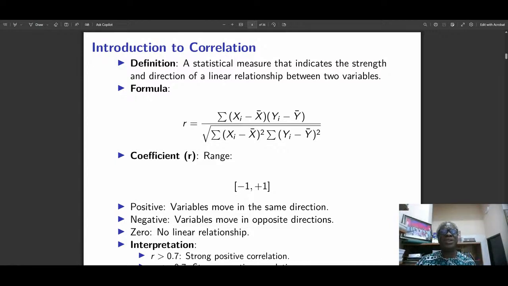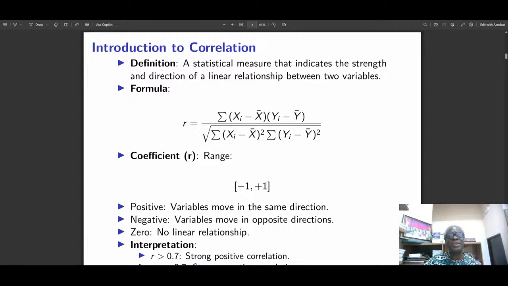So correlation analysis measures the strength and also the direction of a linear relationship between two variables.